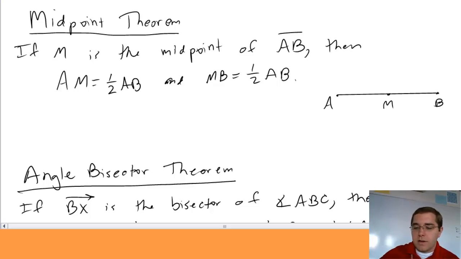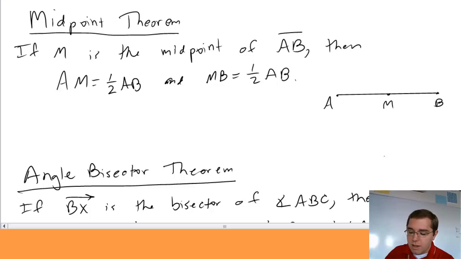Section 2.3 gives us two theorems that are useful, but that seem straightforward. The midpoint theorem says that if M is the midpoint of segment AB, like I've drawn in the picture here, then AM is 1/2 of AB. Seems right. If M is the midpoint, it divides AB in half.